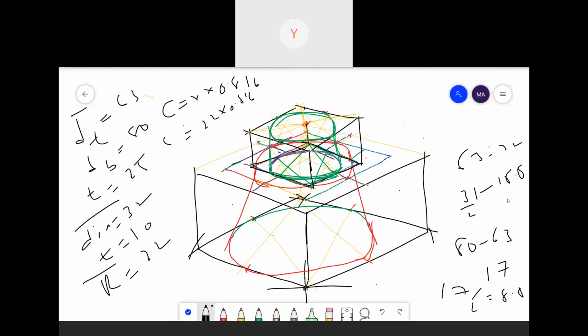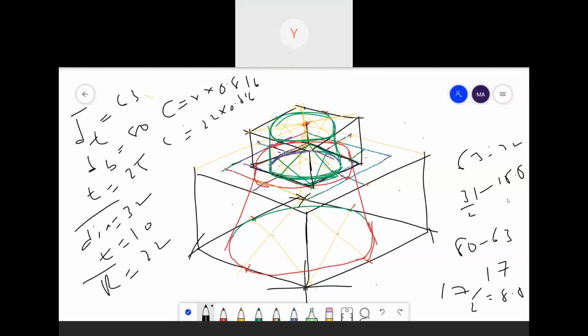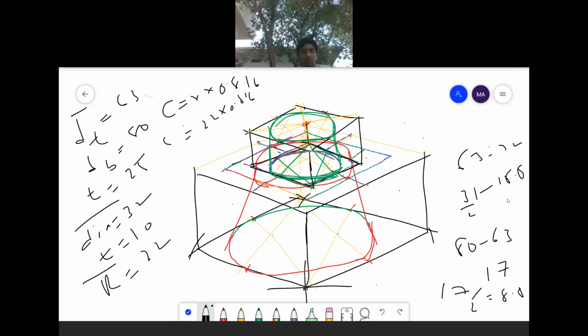What is the value you will get when you calculate it? 22 into 0.816. The value will be 17.95, that is nearly 18.